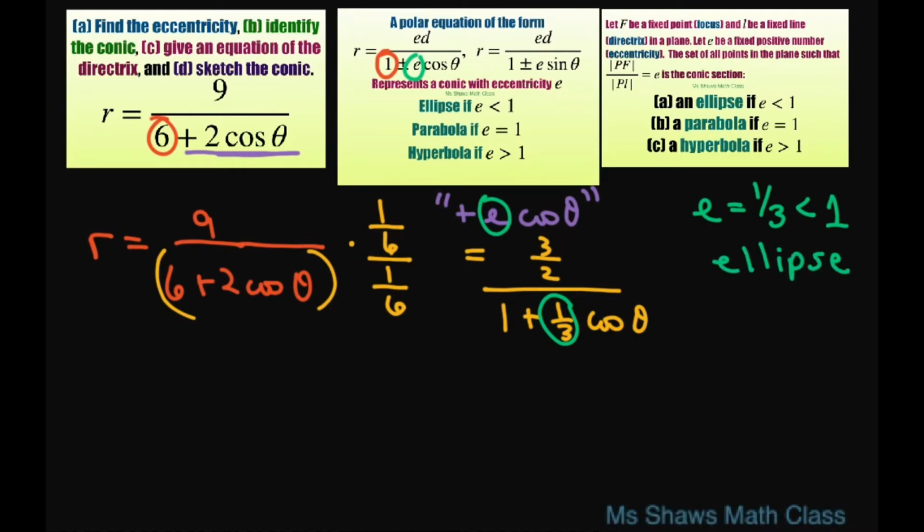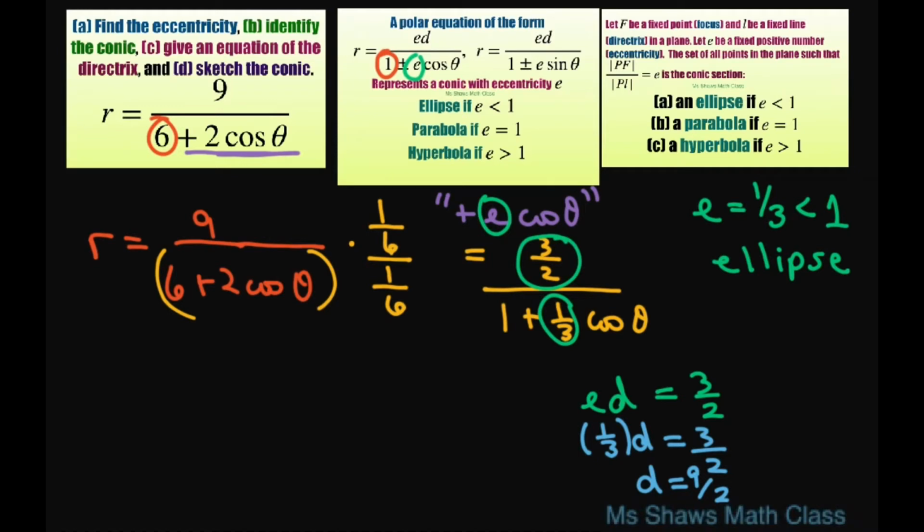All right. Now, given that, let's know that this equals ED. So ED equals 3/2. We know that e equals 1/3. So if you multiply through by 3, you're going to get d equals 9/2.